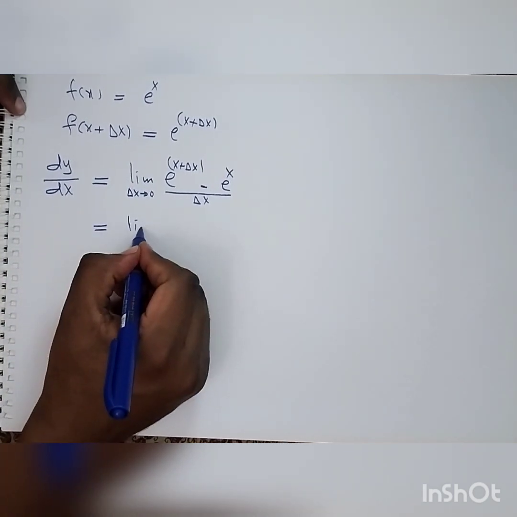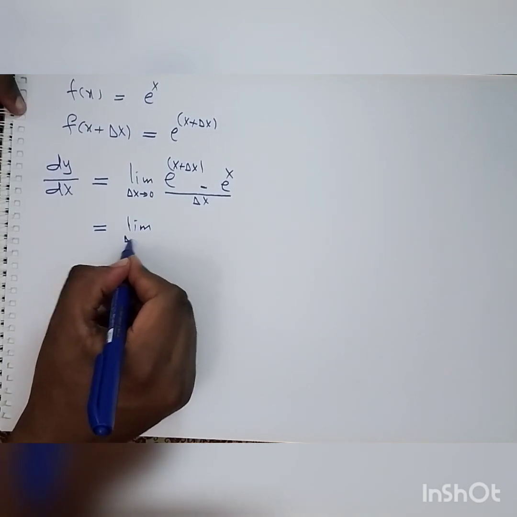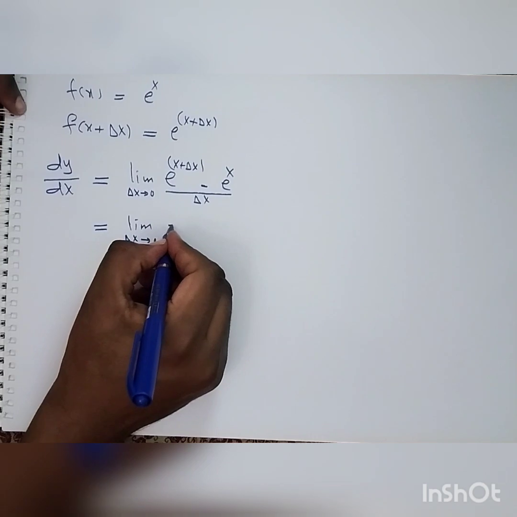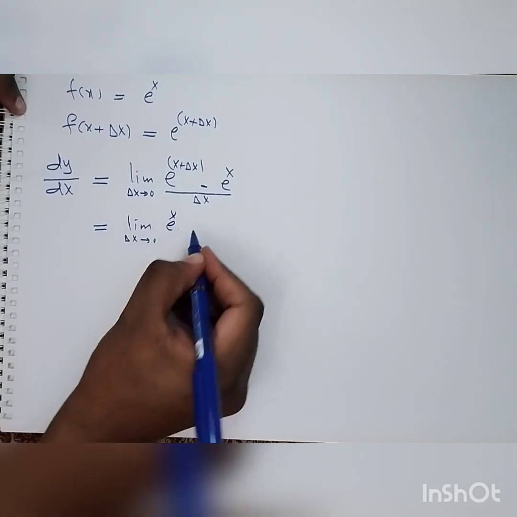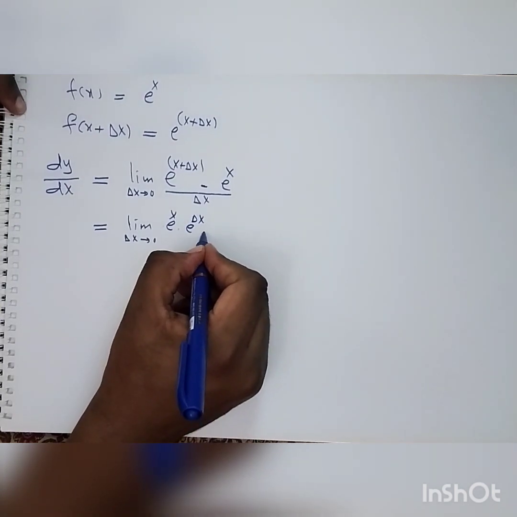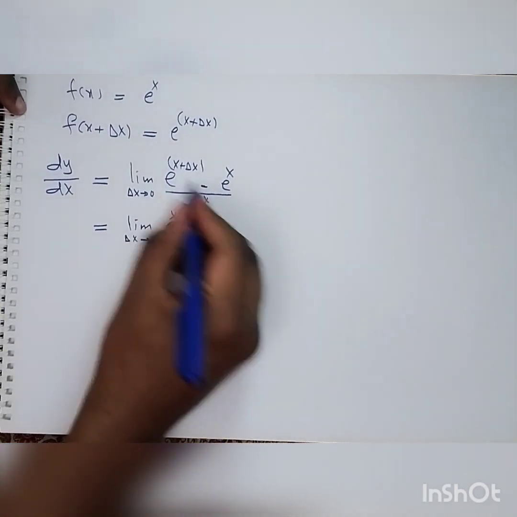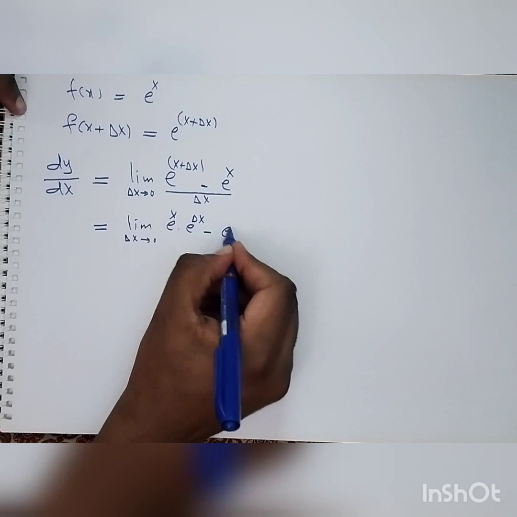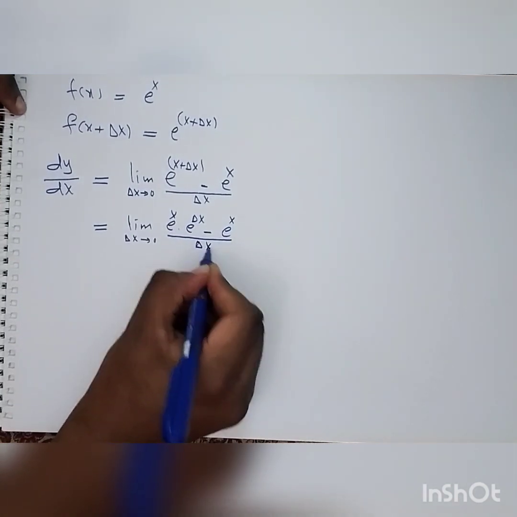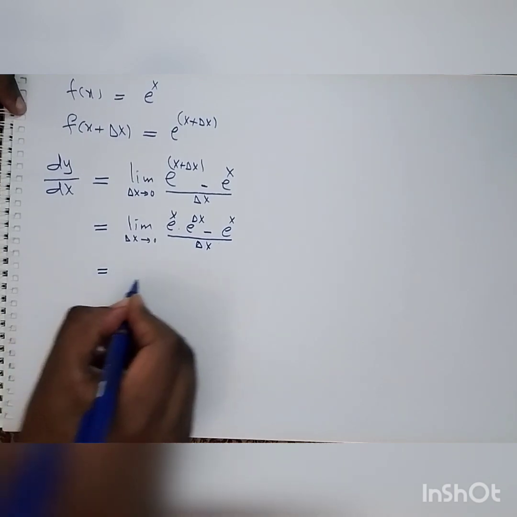Cool. So now you see that we can write it in this way. We say limit delta x approaches 0. Here this can be written as e to the power x times e to the power delta x. You know that from the rules of exponents. So everything here is divided by delta x. So now we can do the following.